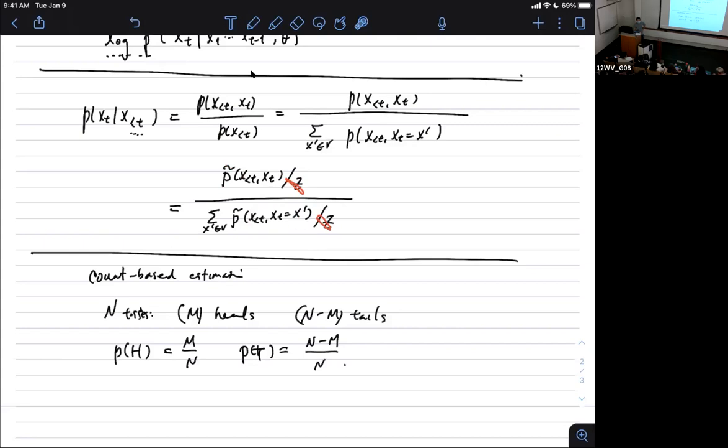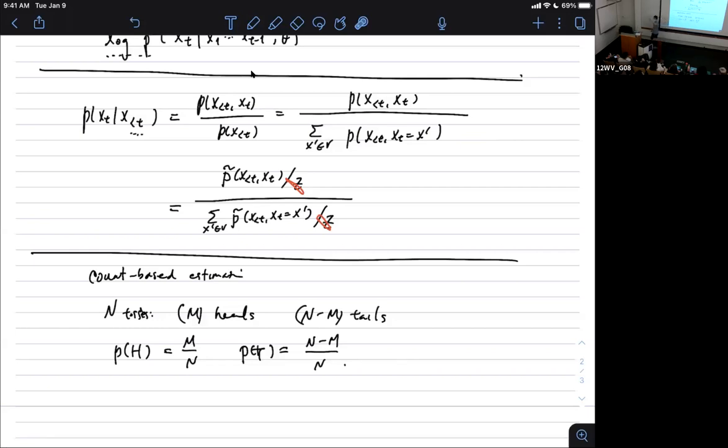I don't need the actual probabilities of these texts, just how often they appear, because this normalization constant Z will be canceled out. So that's all we need, and you see why it's a count-based estimate. All we need to do is count.